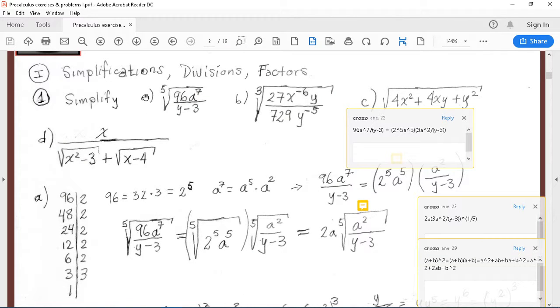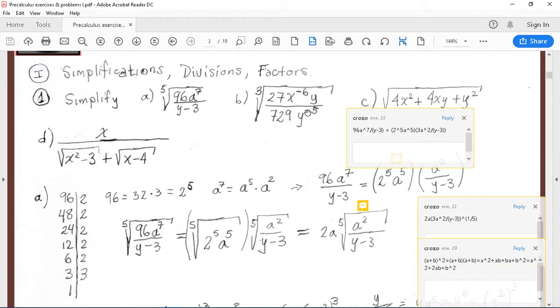Term A, the fifth root of 96a^7 divided by y minus 3. Expression B, cubic root of 27x^-6 y over 729y^-5.